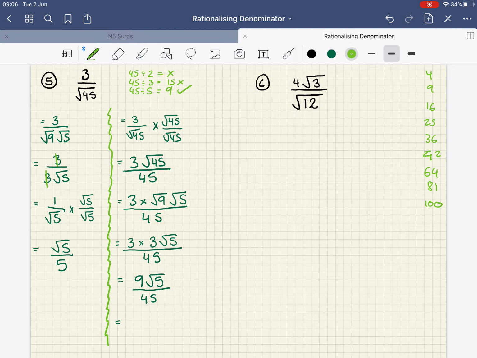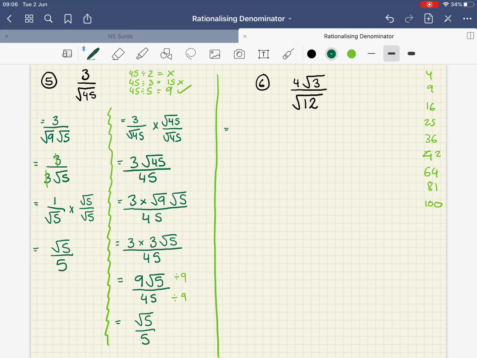And then I can divide both the top and the bottom by 9. So that'll give me root 5 over 5. So you can see how there's a bit more steps there. There's more work for me to do. However, in this next one, you'll see that simplifying at the end is actually the better option. So let's take a look.